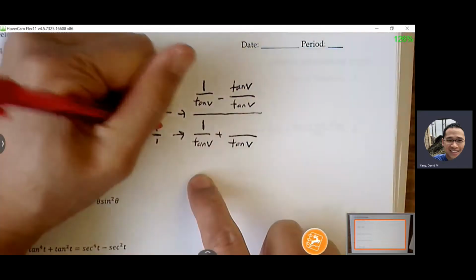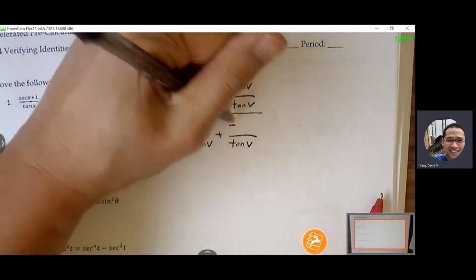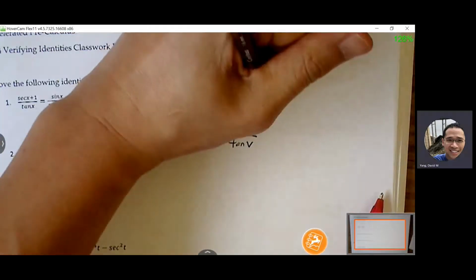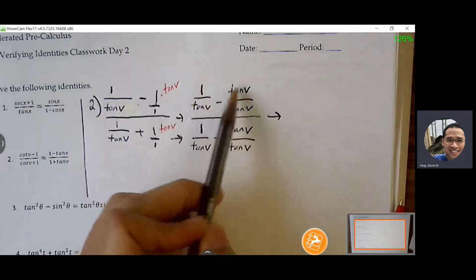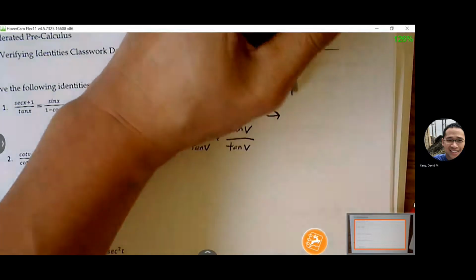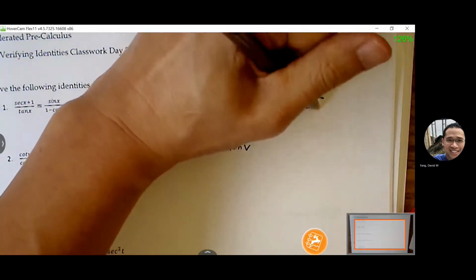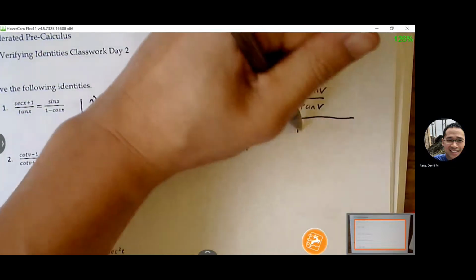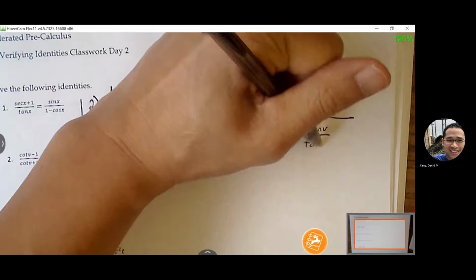So multiply the top by tangent of v. 1 times tangent of v is just tangent. Okay, at least we can get this to be just a fraction over a fraction. So I have 1 minus tangent over tangent, all over 1 plus tangent over tangent.